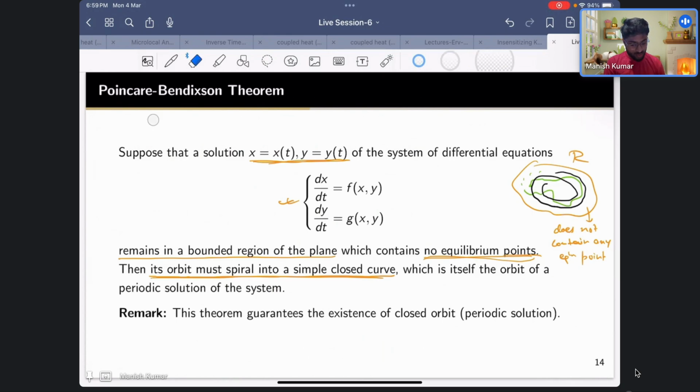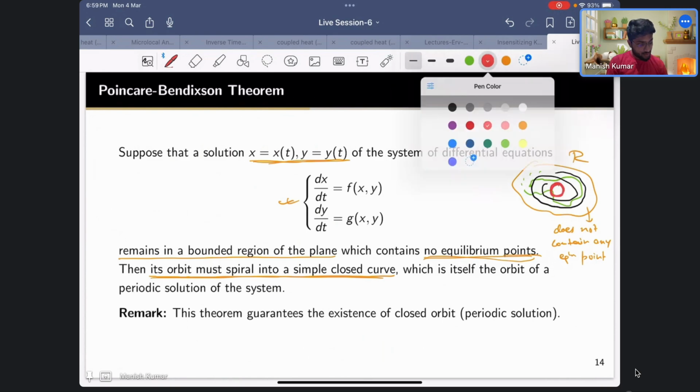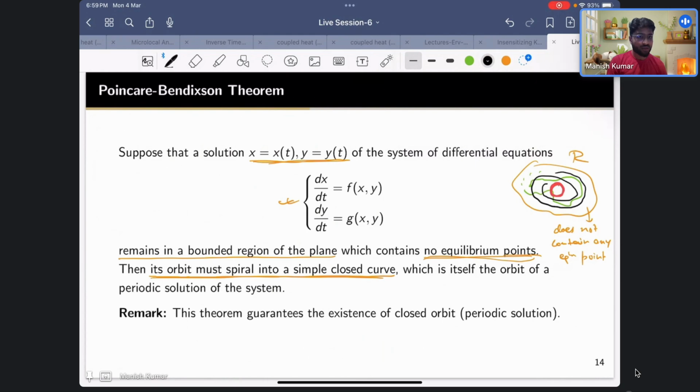In other words, there will exist a closed curve, and any orbit of the system will converge to this one. Maybe it will converge or diverge, it depends. It should be spiraling around that curve.